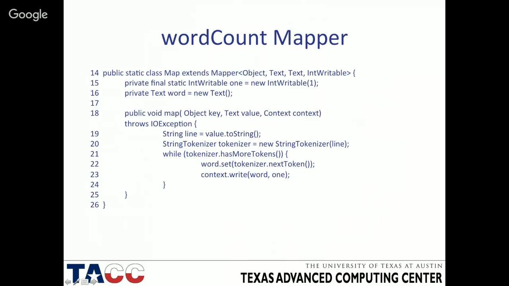For the mapper class, the API has a standard Mapper class. Your implementation should extend this Mapper class, which has a fixed signature and is an abstract class. So you need to override the map function to specify what the mapper does. In the map function, you are going to see some input like a key, a value, and a context.